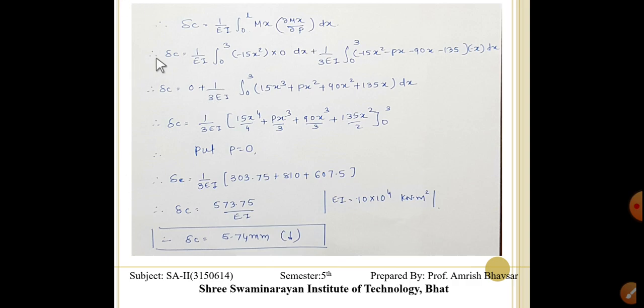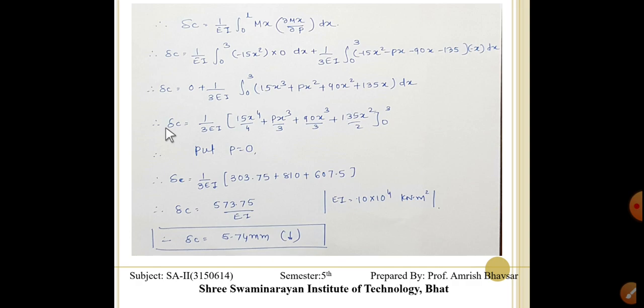Now, delta C is equal to 1 upon EI integration 0 to 3 of minus 15x square into 0, because del Mx upon del P is 0 over here, and 1 upon 3EI integration 0 to 3 of (minus 15x square minus px minus 90x minus 135) into (minus x). After the multiplication of this, we will get 1 upon 3EI integration 0 to 3 of 15x cube plus 15px square minus 90x square plus 135x into dx.